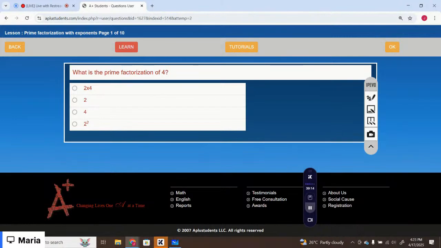What is the prime factorization of 4? So which is the correct option?